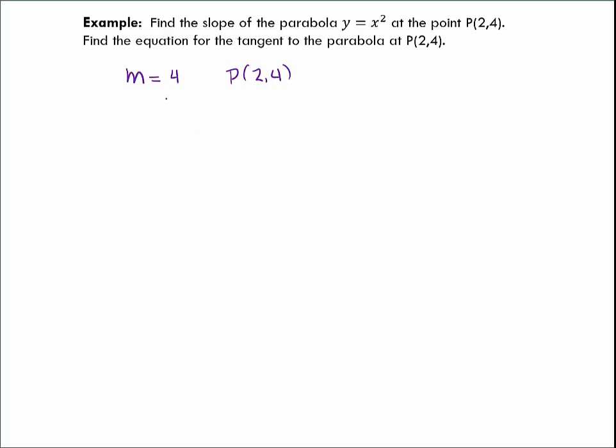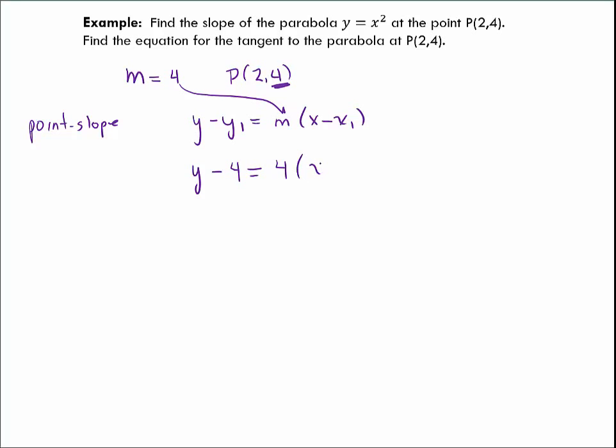In algebra, you learned if you had a slope and you had a point, you could use the point slope formula, which said y minus y1 equals m times x minus x1. I start plugging things in. My y1 is 4. My slope is 4. And then my x1 is 2.